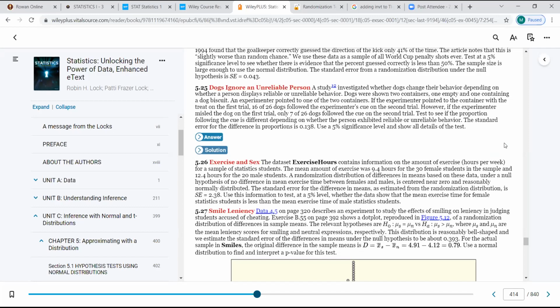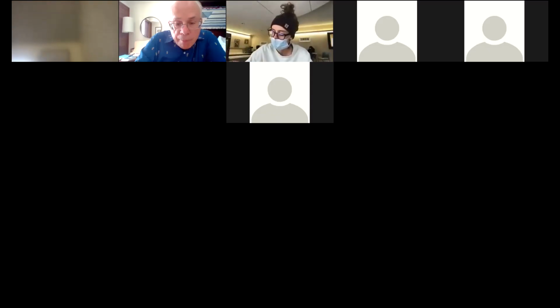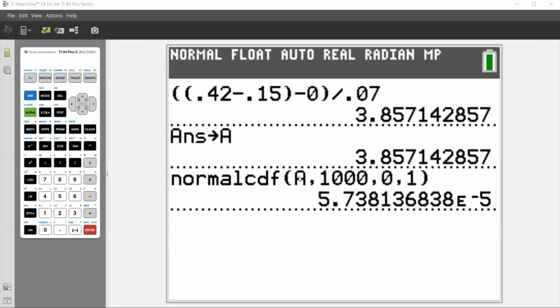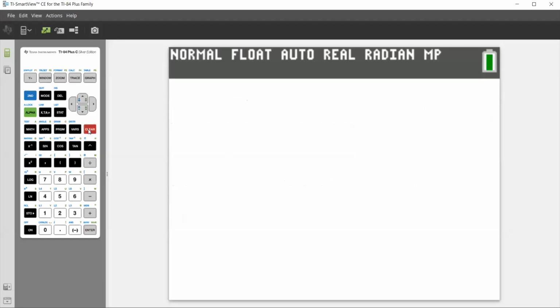Okay. Let's actually go to our calculator. And let's run this really quickly. Once you get used to this, you'll be able to know the steps pretty quickly. The first thing is the test statistic. Now, we have fractions here instead of whole numbers. So we have to be careful how we do this.